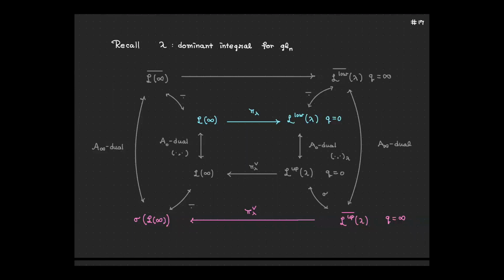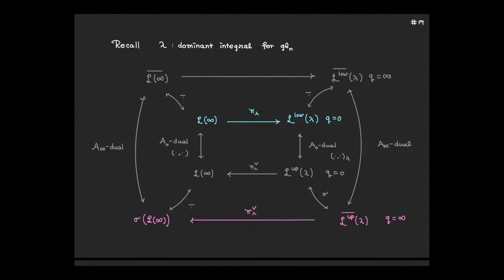One part you have to think of the lattice at Q equals 0, and the other part you have to consider the crystal lattice at Q equals infinity, right? And this is a summary of some general facts.